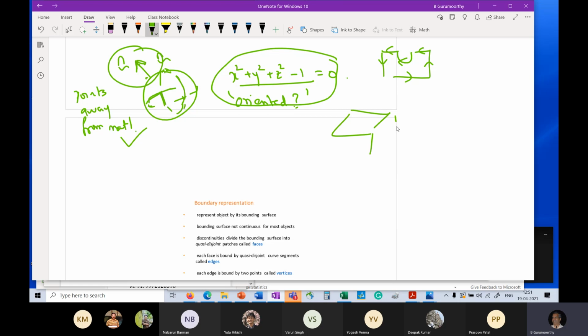If I look at my brick, I don't have a single bounding surface. My bounding surface, in fact, is discontinuous here. I have one surface here, another surface here, and there's a discontinuity here. Likewise, one surface here, another on the back, and this is a discontinuity. Likewise, one surface here, one in the front, that's a discontinuity.